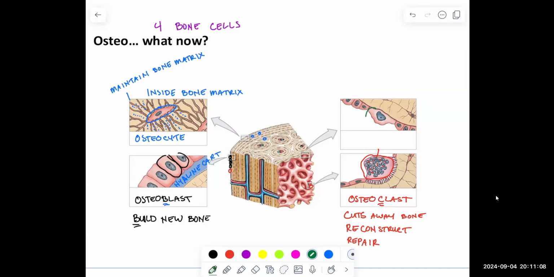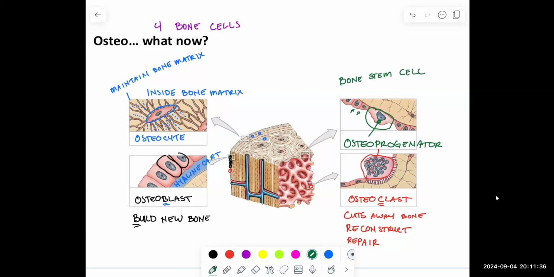This next one is typically found next to osteoblasts. So that's an osteoblast, that's an osteoblast. This one in the center, however, is an osteoprogenitor cell. One way to describe what it does is this is a bone stem cell.